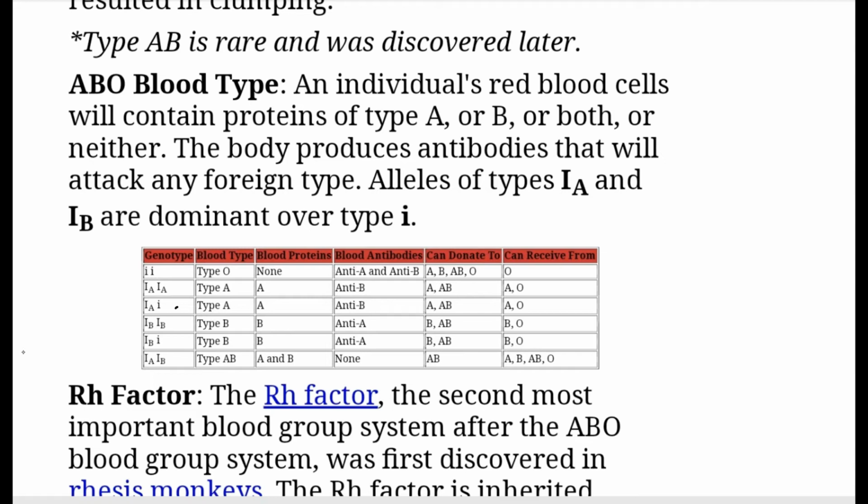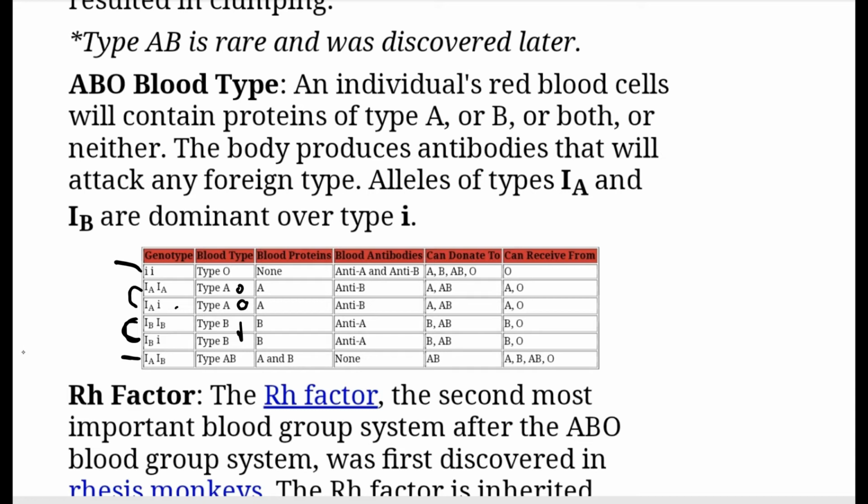It's just important to remember if you have type A blood group, you have two possible genotypes. If you have group B, you have two possible genotypes as well. If you are type AB, you have only one outcome, the same as type O. You only have one outcome.